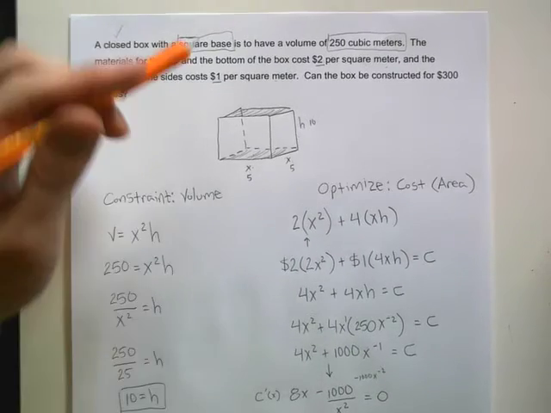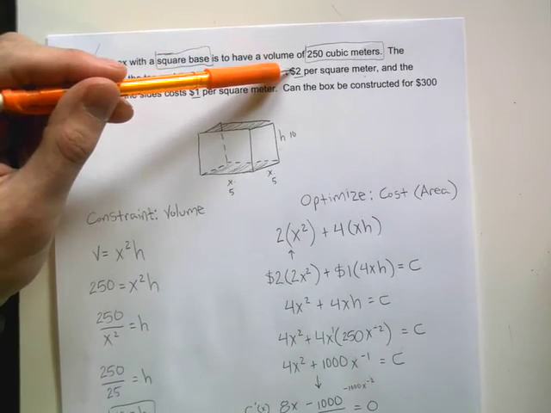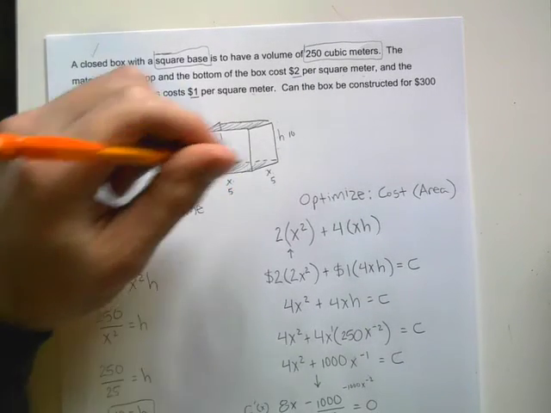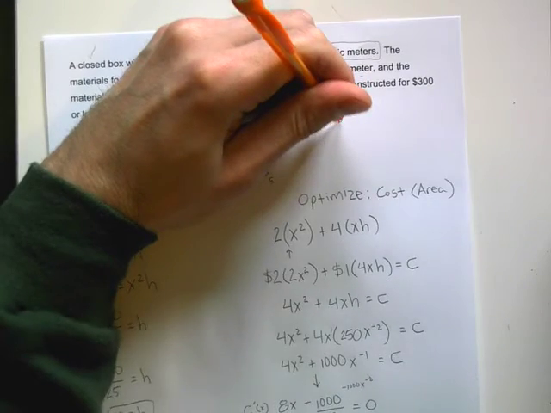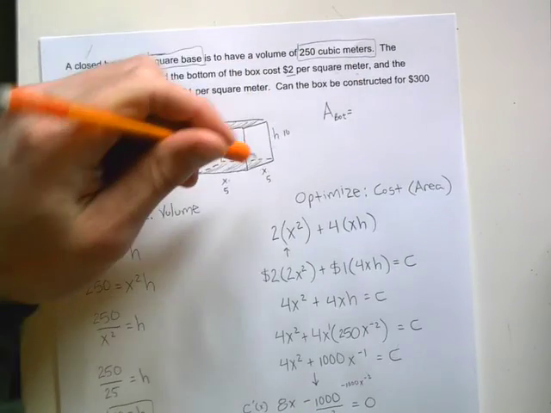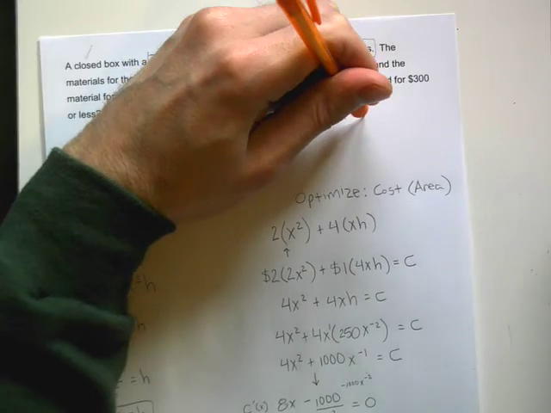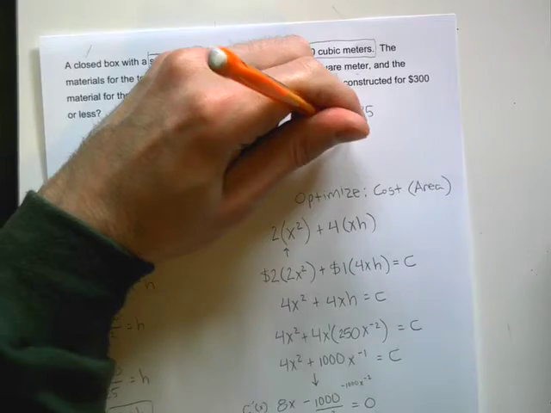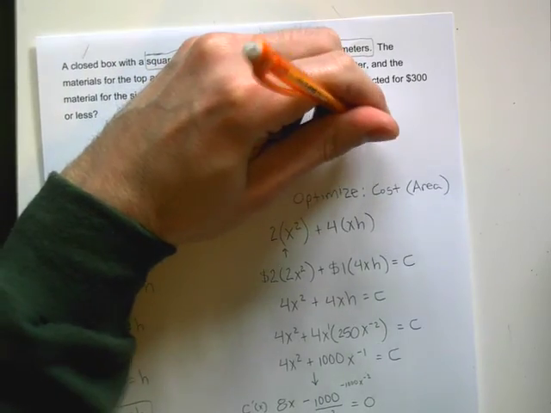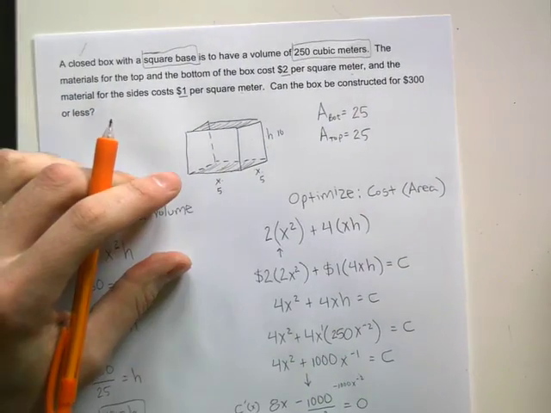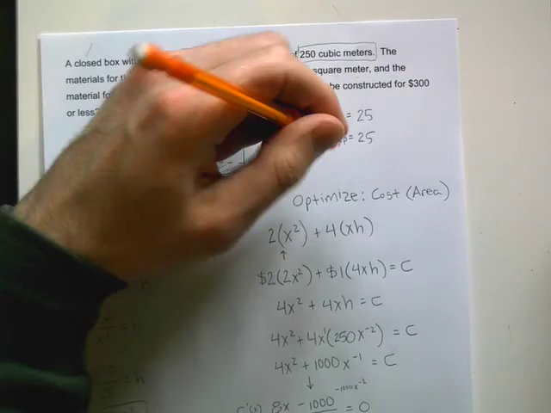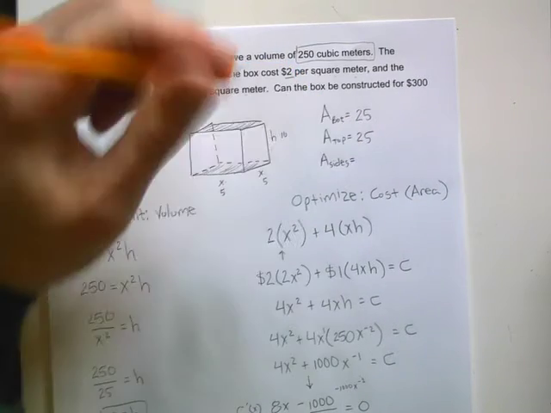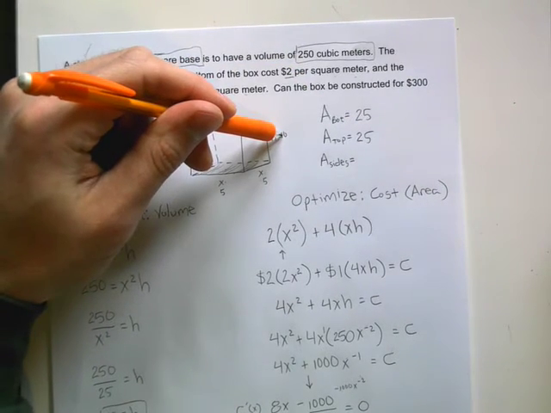Okay. So if it's charging us $2 per square meter on the top and bottom, so on the bottom I've got, let's just write area of bottom is going to be 5 times 5 is 25. Okay. Area of the top, same thing, 5 times 5 is 25. And then area of all the sides, I'm going to write area of sides, is going to be 5 times 10 is 50.